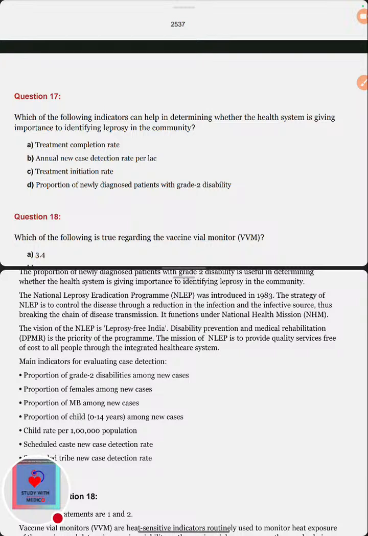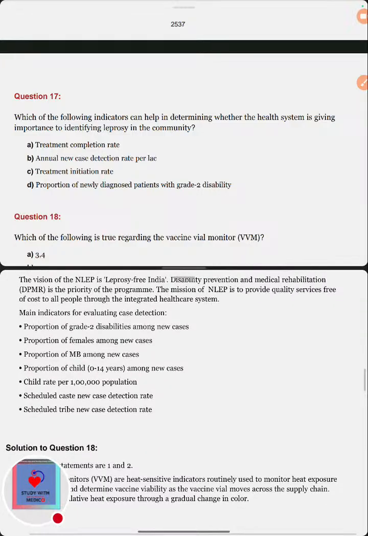National Leprosy Eradication Program, 1983: control of the disease through a reduction in the infection and infective source, breaking the chain of disease transmission. It functions under the National Health Mission. The vision is a Leprosy Free India. Disability prevention, medical rehabilitation. The priority of the program is to provide quality service free of cost to all people through the integrated healthcare system.